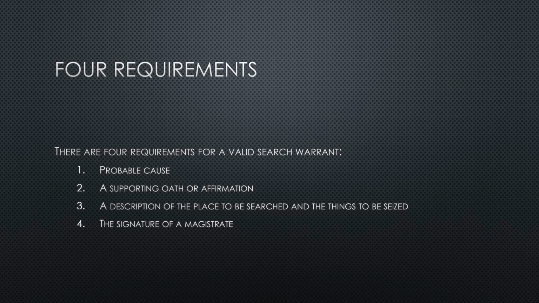If you challenge probable cause later on in a motion to suppress, during the trial, after trial, or on appeal, if you don't have probable cause, then the warrant is not valid at all. It has to have a supporting oath or affirmation, and it has to have a description of the place to be searched and of the things to be seized. It has to be particularly described, in fact, and then it must bear the signature of the magistrate or the judge.